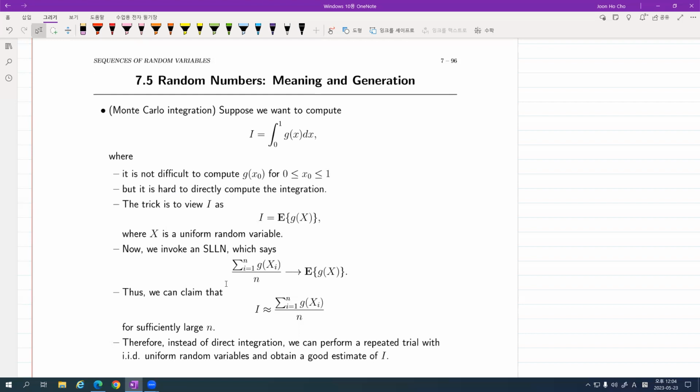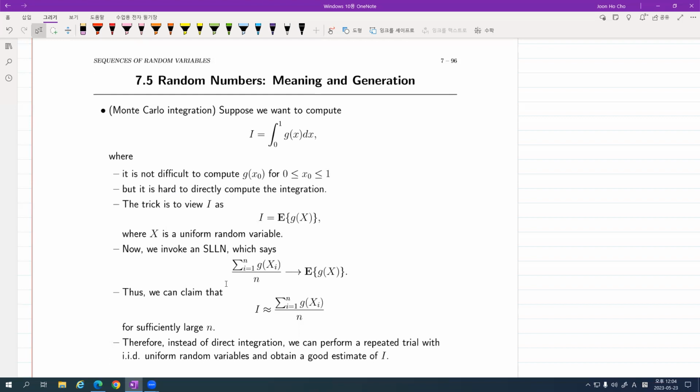You can use Mathematica or symbolic computation in MATLAB, and they give you the answer. But sometimes the function g(x) is not given explicitly. It is obtained by some very complicated probabilistic computation. Then what do we do?